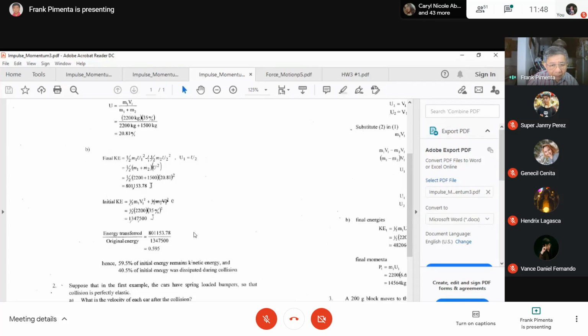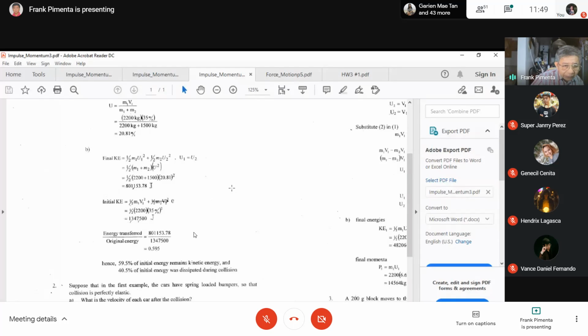For the final, since U sub 1 equals U sub 2 equals U, 20.81 meters per second, we have 1/2 times the quantity M1 plus M2 times U squared, with U as 20.81. Simplifying, the final kinetic energy is 801,153.78 joules.